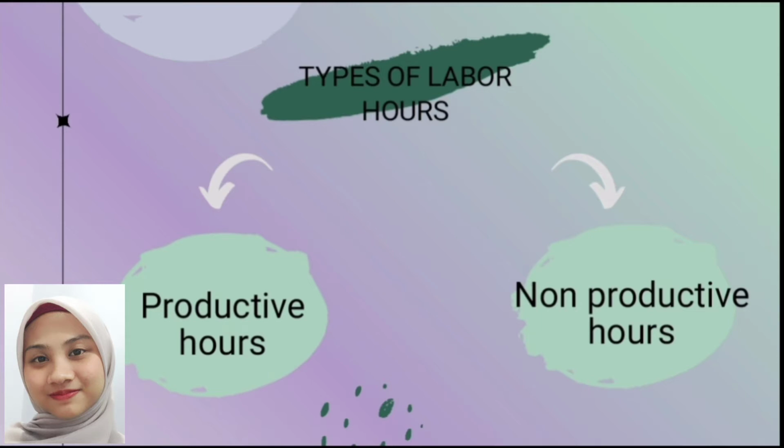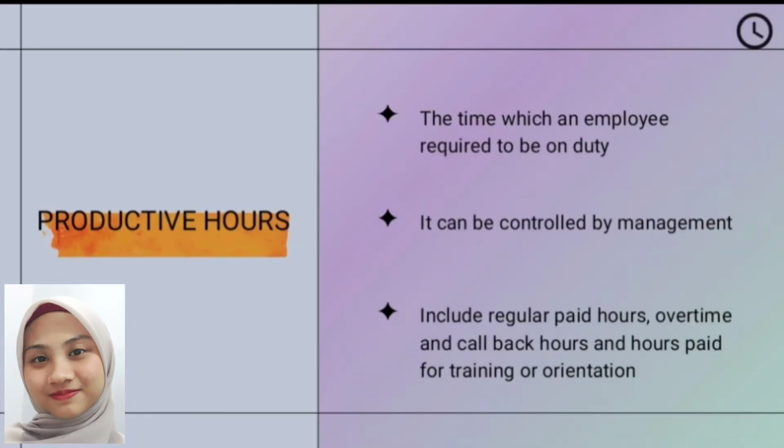Next, it is important to differentiate between the types of labor hours. There are two types of labor hours. As you can see from the slide, we have productive hours and non-productive hours. Let's go through the first type, productive hours. Productive hours are the time during which an employee is required to be on duty, on the employer's premises or at a prescribed workplace, engaged in productive labor.